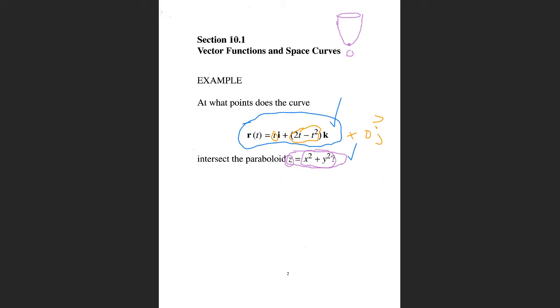Good, good. So let's look at the solution here. Well, let me ask you this. In order to find the points, what variable do we need to solve for here?